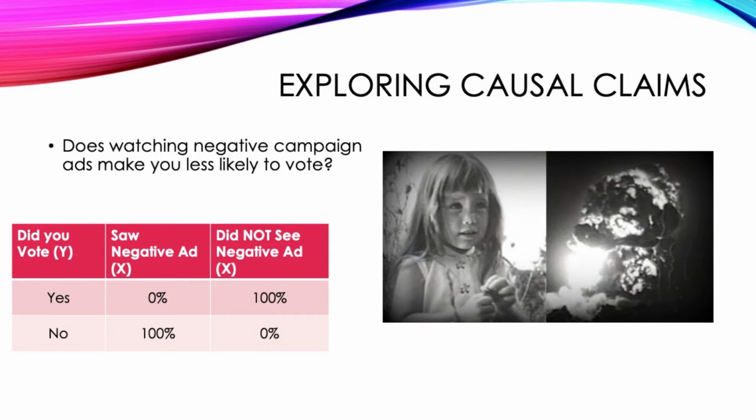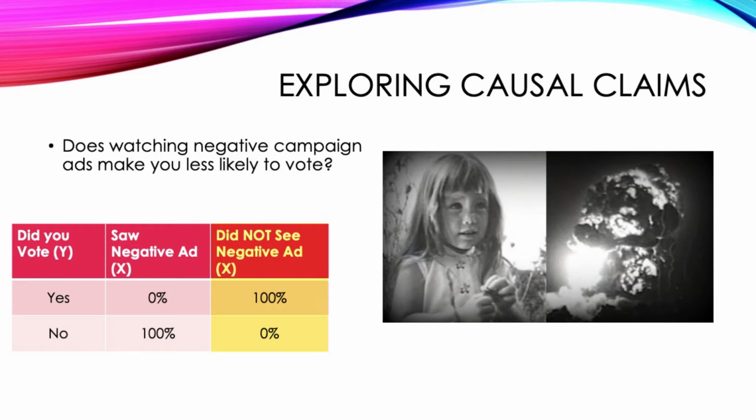So we can look here at this column, did you see a negative ad in the last election? We see, interestingly, that 100% of people who did see the negative advertisement also did not vote. And when we look at the second column, did not see a negative advertisement, we see that 100% of people who saw no negative advertisement, well, they did vote.